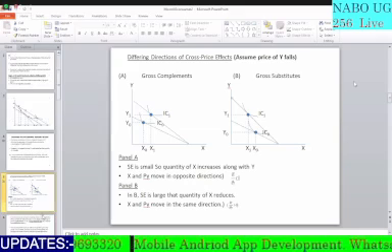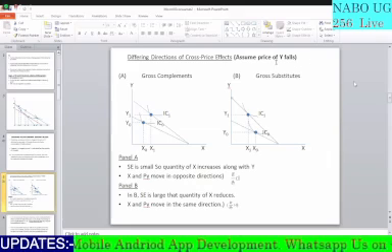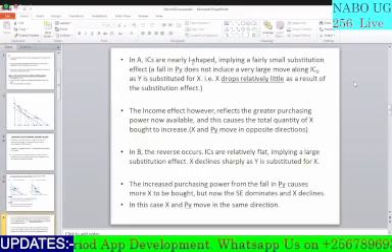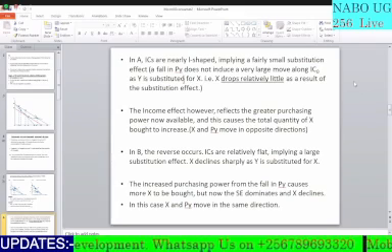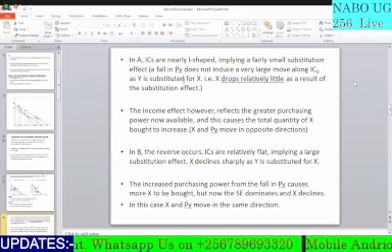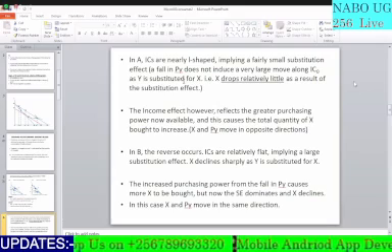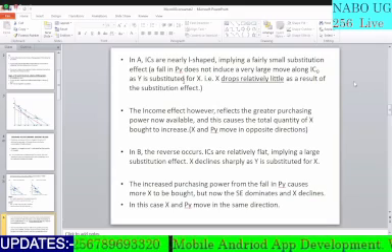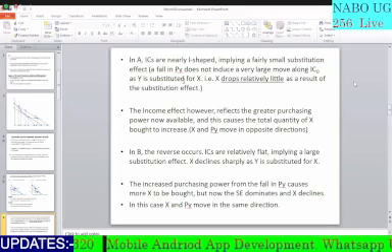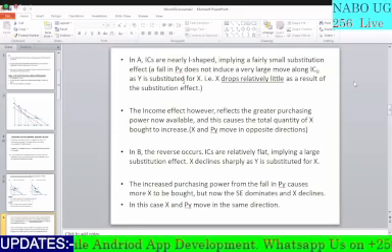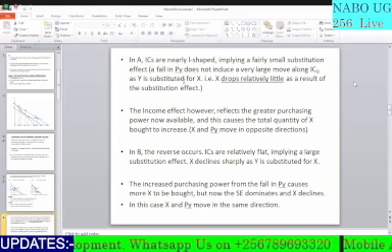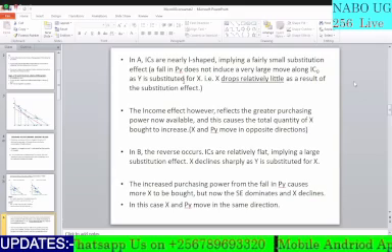substitution effect. So basically, because the substitution effect is fairly small, that means a fall in the price of Y does not induce a very large move along the indifference curve. So that means the quantity of X will drop a little as a result of the substitution effect.